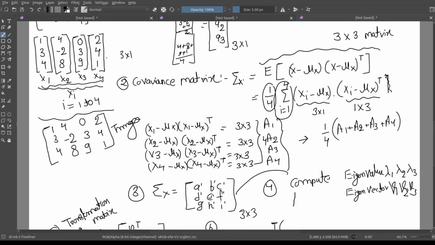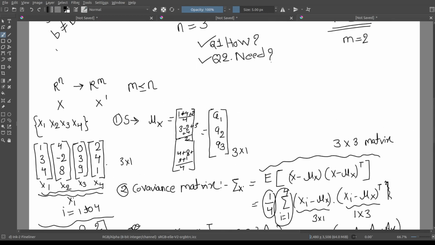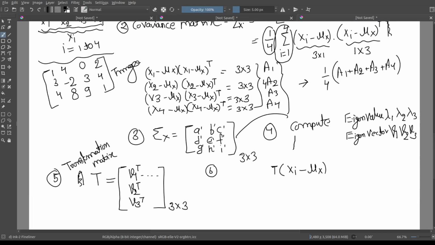Now you take each xi and subtract mu, the mean vector which we obtained: xi minus mu x.